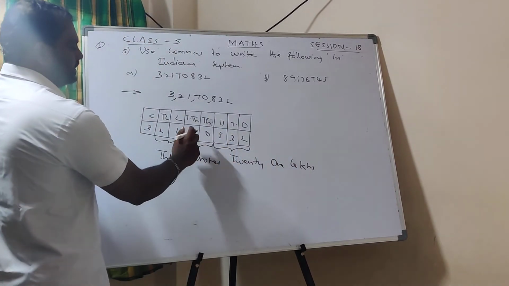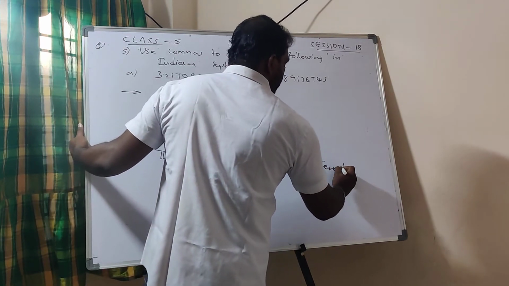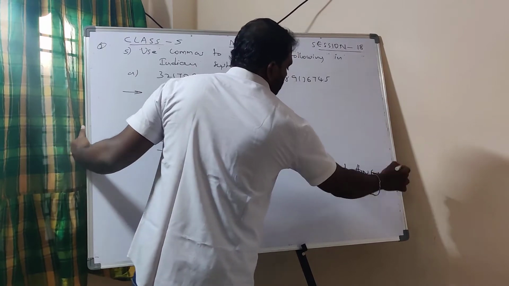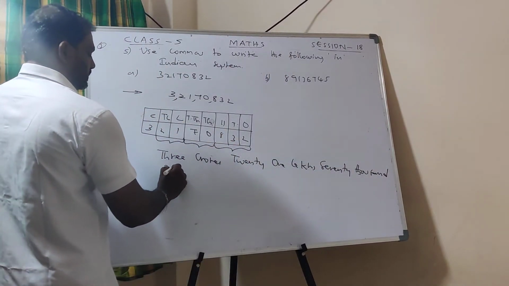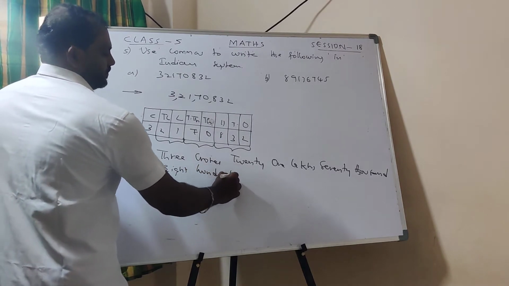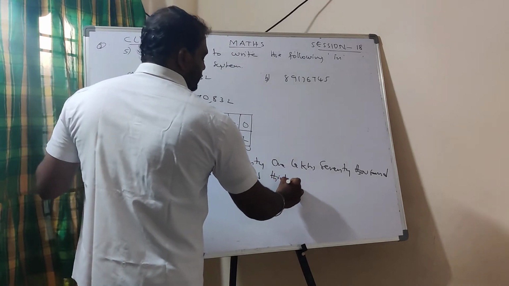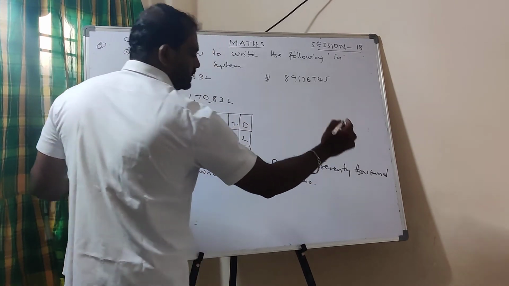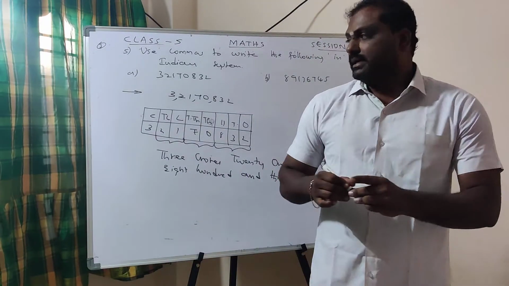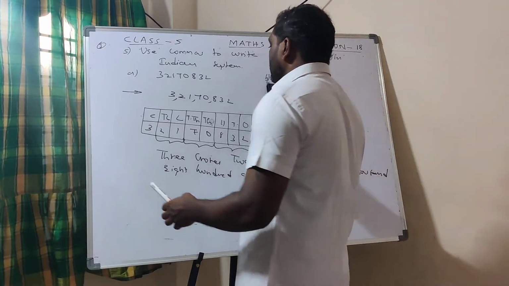How many thousands are there? 70,000. 832. This is the way to write. It's very simple. Write the numbers in the given proper boxes, then you can write.